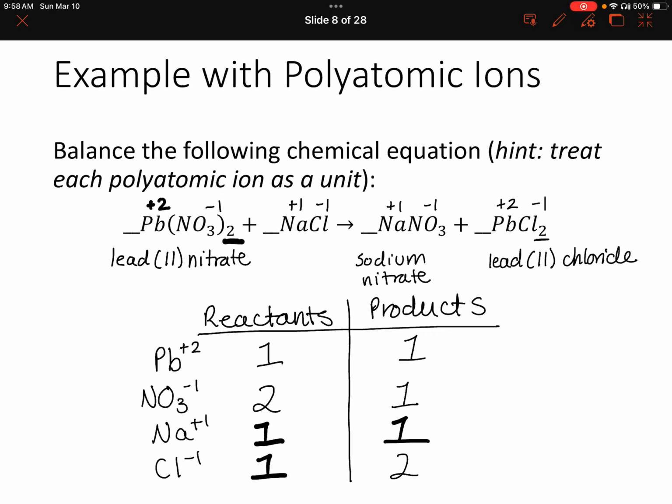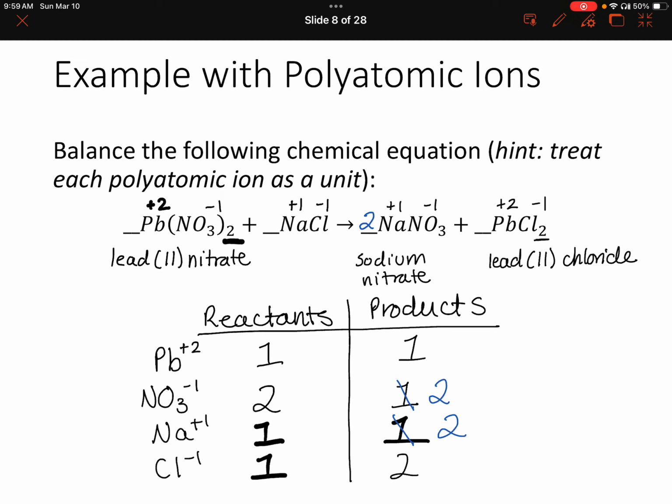So we can just put a 2 in front of NaNO3, sodium nitrate, and that's actually going to change not only the amount of nitrate ions, but the amount of sodium ions. So now there's 2 of each in the products. So now we also need to balance the sodium ion.